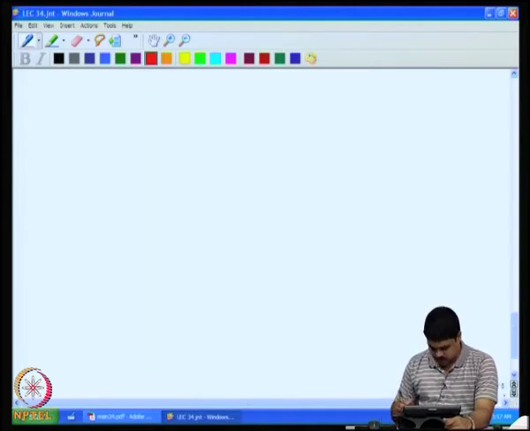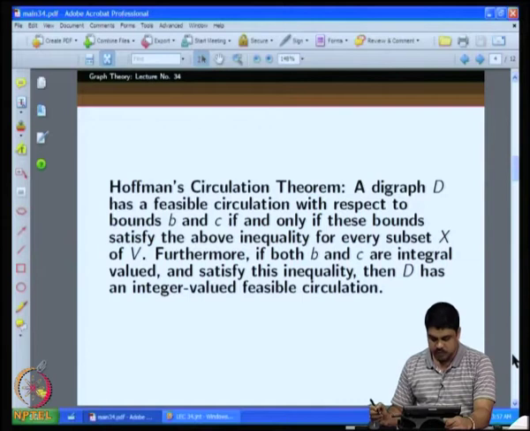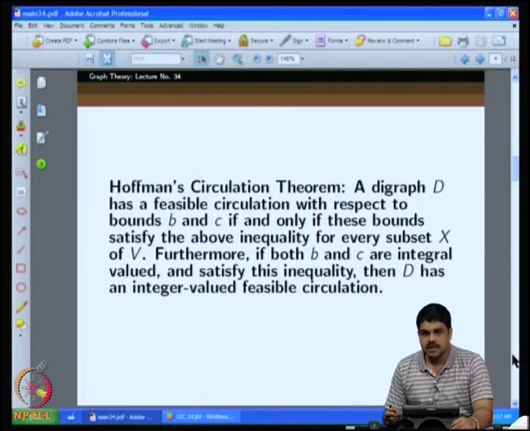This is a theorem due to Hoffman. It is known as Hoffman circulation theorem, and this is about the necessary and sufficient condition for the existence of a feasible flow in a digraph given lower bound function B and upper bound function C. It says that this condition, that is for each subset x of V, our upper bound C plus x has to be greater than or equal to the lower bound B minus of x.